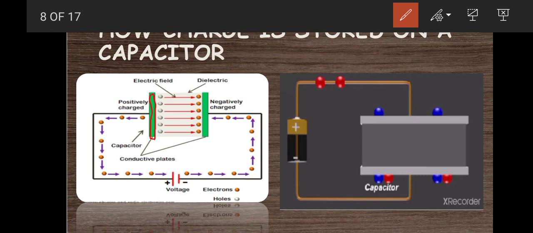These green ones are the plates, parallel metal plates with some dielectric, which means there is an insulator. Dielectric is an insulator between the metal plates.